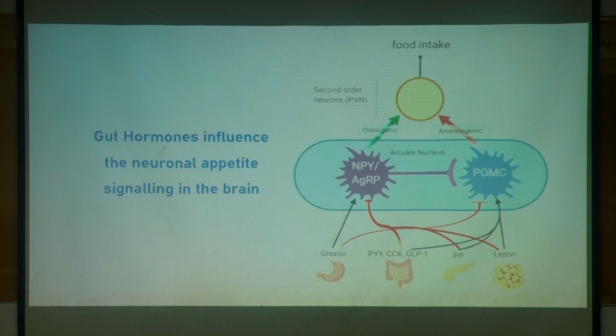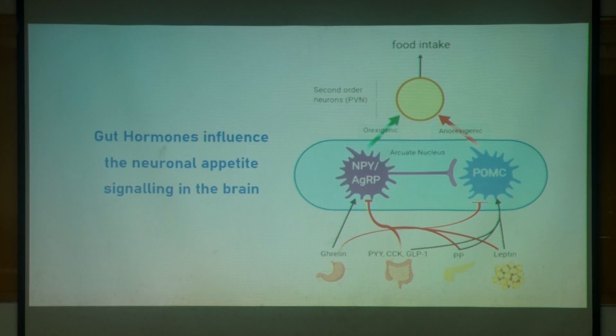So this relates to the influence of the gut hormones, the relation between the brain and the gut, the neuronal appetite signaling. If you focus on NPY and AGRP, they have an orexigenic effect which stimulates the second order neurons present in the hypothalamus.